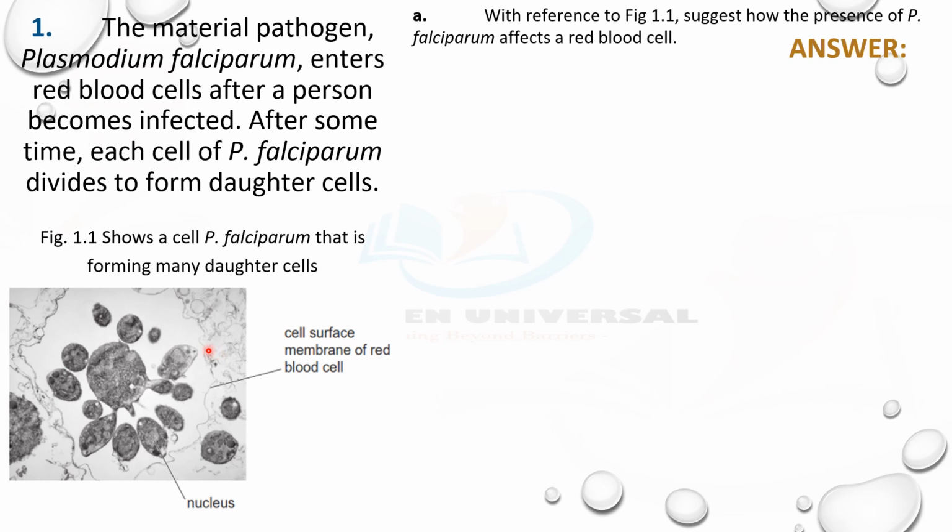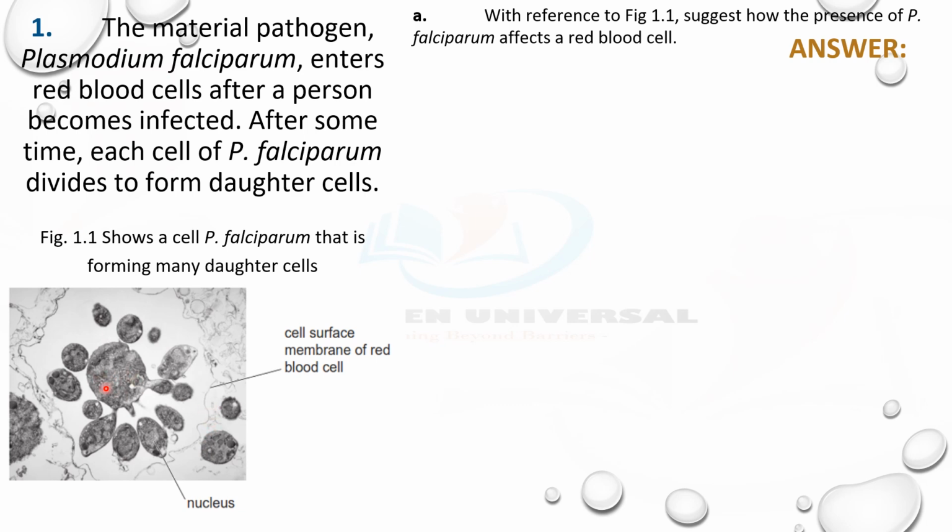All right, so it's changing the shape. So the shape changes from the biconcave disc shape of the red blood cell. That's the first point you're going to mention. Now, this is a 3 marks question. Sorry, it's not there, but it's a 3 marks question. Is that okay? All right, so the first point, looking at this, is that it changes the shape. This doesn't look like a biconcave disc shape, right? It changes the biconcave disc shape of the red blood cell.